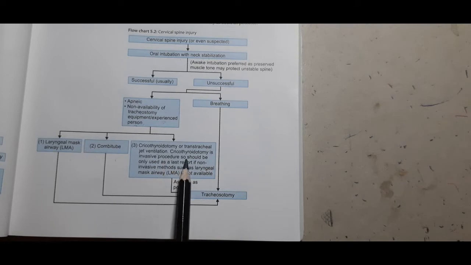Cricothyroidectomy is an invasive procedure. It is usually done as a last resort after non-invasive methods such as LMA. If LMA is not available, then we'll go for cricothyroidectomy because it is an invasive procedure.